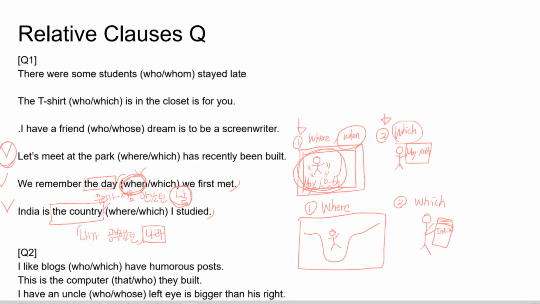So if we say which, that means I studied the country. Do you see the difference? Again, if we say where, the person is in the situation, right? And if we say which, the person is doing something with that. Okay? Do you see the difference?